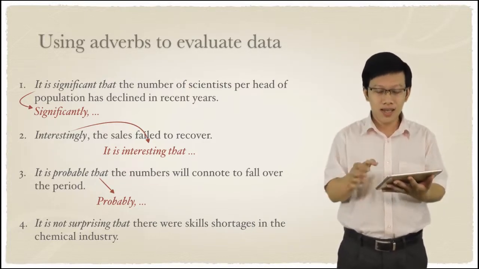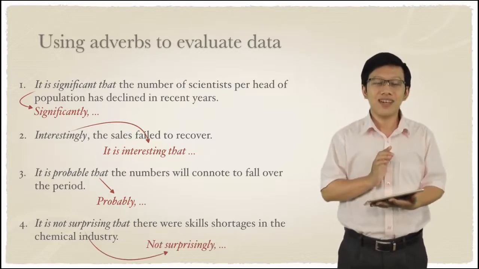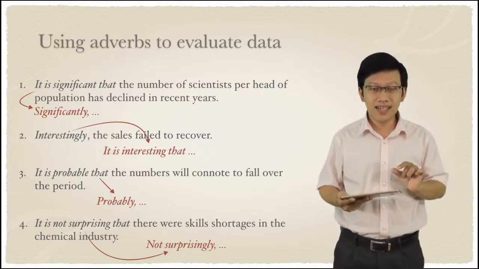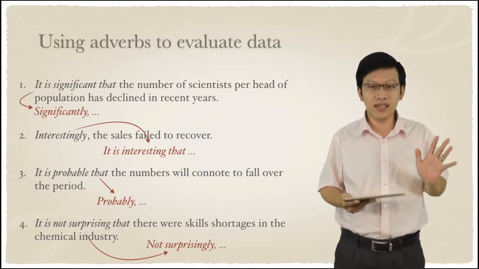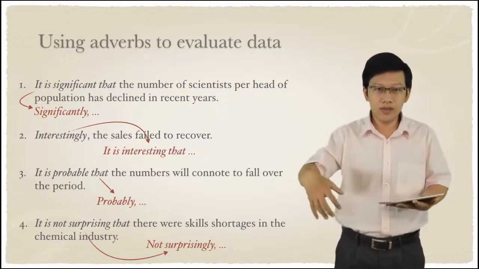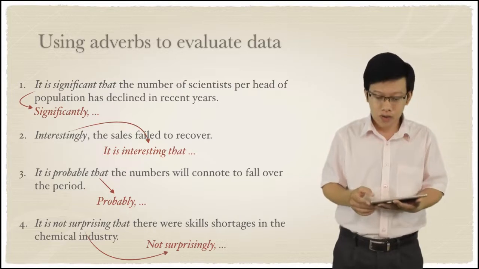So how do you do this? Very easy, not surprisingly. Okay, so we have been able to use the adverbs to evaluate data, whether it is significant or interesting or probable or surprising or marginal, something like that. We can use the adverbs, and you can also use the adjective form with an appropriate structure. Alright?